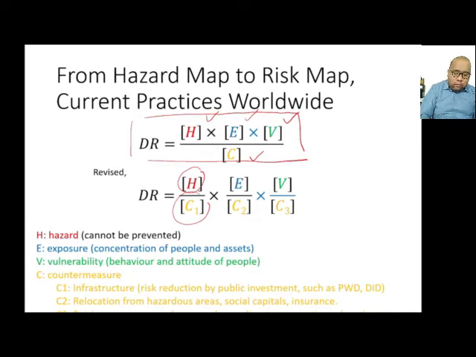Okay, so what will happen? You try to reduce the hazard. Okay, you imagine if we increase the value on this side, okay, your DR will decrease. Similarly for the exposure, which is the concentration of people and assets.